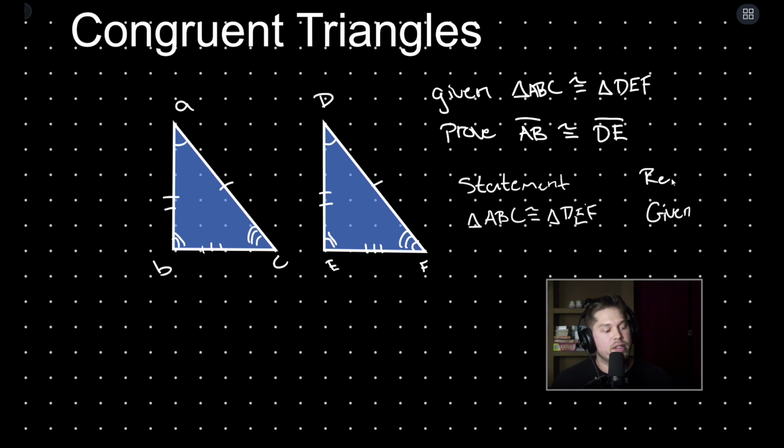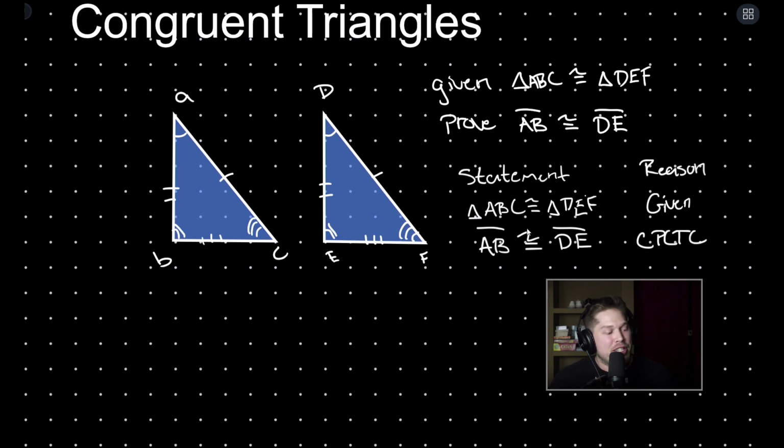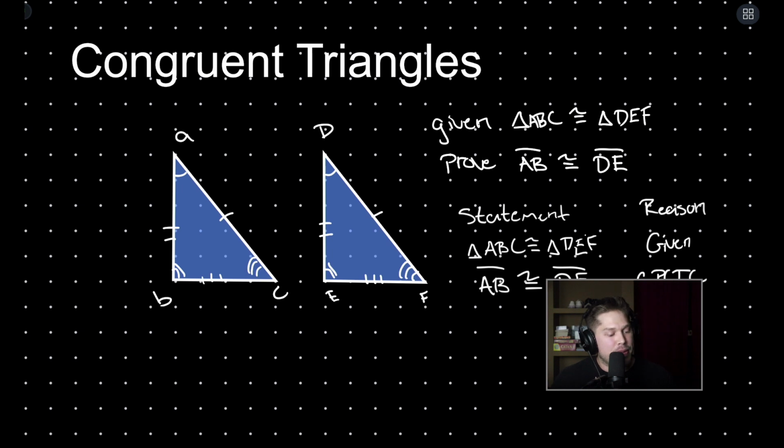So this is your reason column, or your justification column. And then you would say AB is congruent to DE by congruent parts of congruent triangles are congruent. This would be the shortest, easiest proof ever, and you would be so happy that this was the proof on your test.